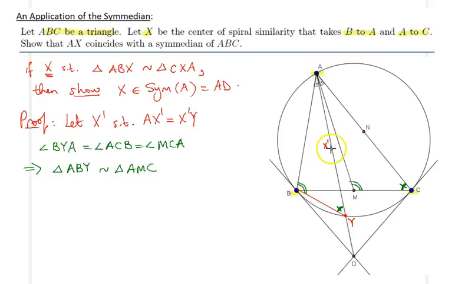But because X prime is the midpoint of AY and N is the midpoint of AC, we can further say that in fact ABX prime, let me use the blue color, and AMN are also similar triangles.